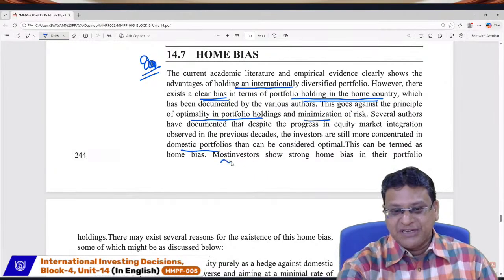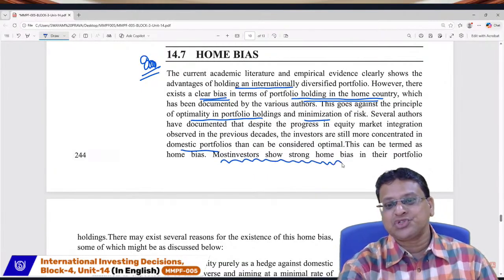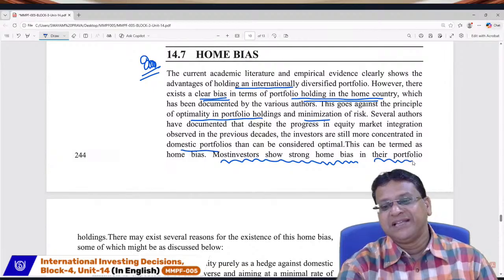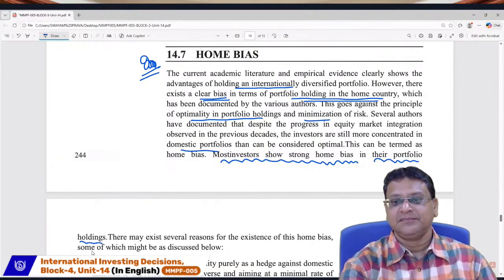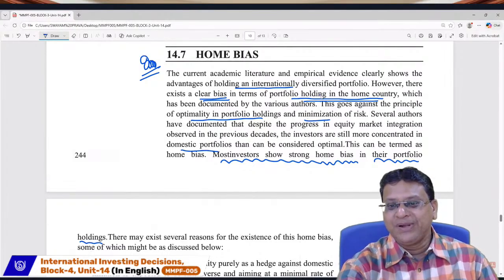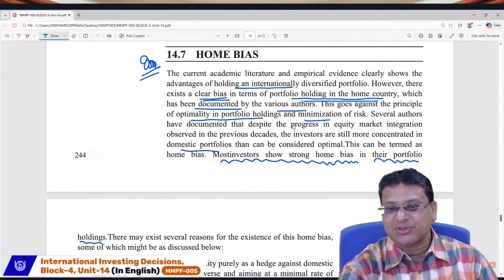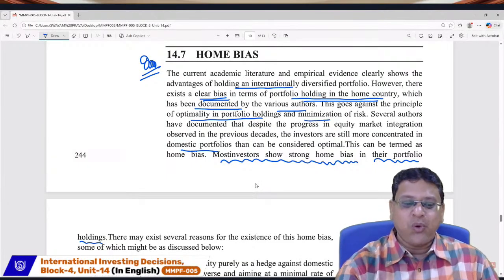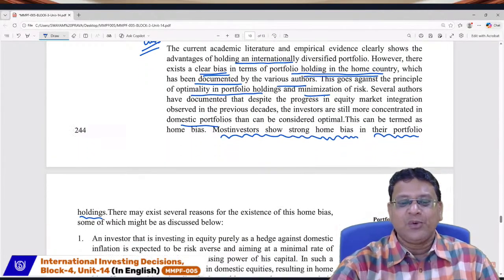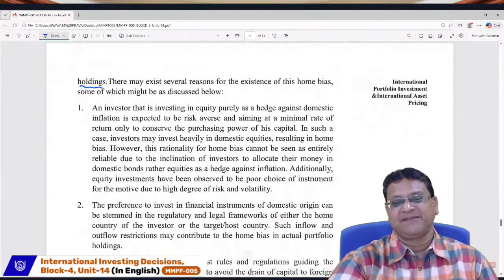Okay, most investors show strong home bias in their portfolio holding. What is home bias? Portfolio holding in the home country, which has been documented by various authors, is known as home bias.